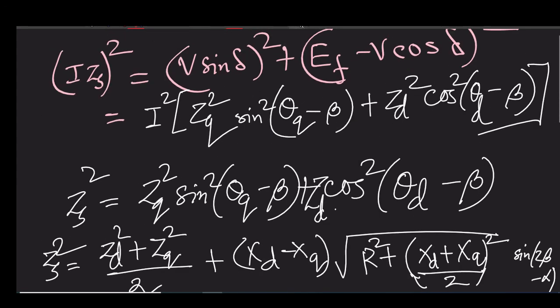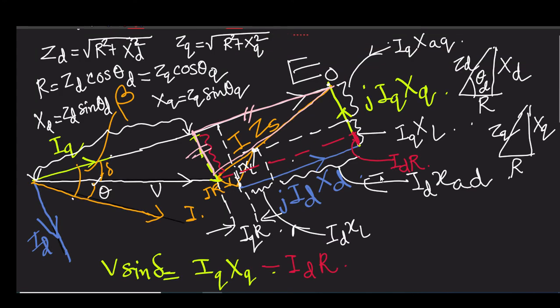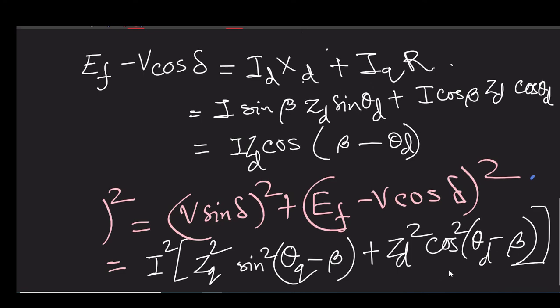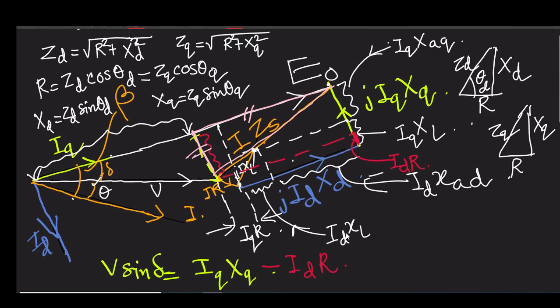So what remains, if you notice, is that the only variable thing is beta. Now what is beta? From this diagram, beta is the total angle delta plus theta, and this theta can vary with load.